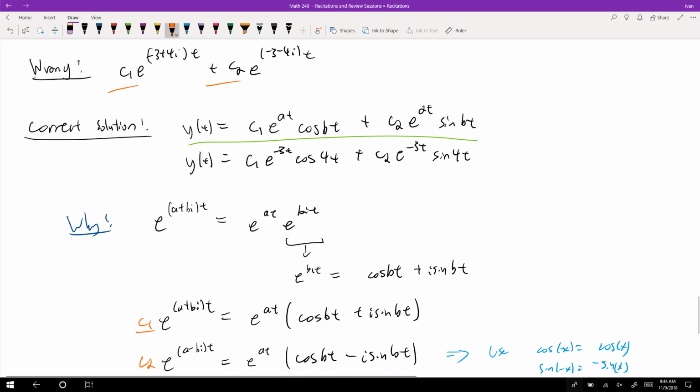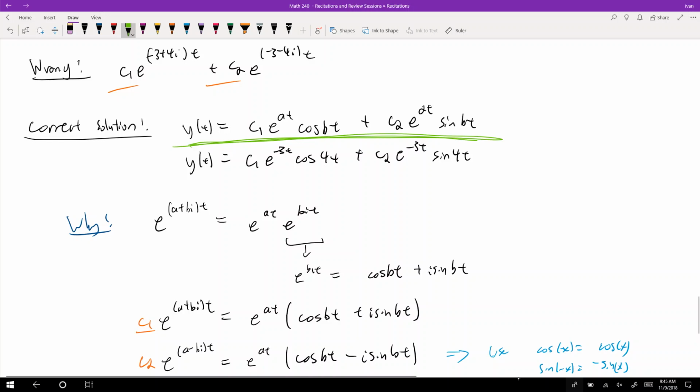Likewise, if I chose C2 equals -1 and C1 equals 1, then the cosine terms go away. So the point is, I can choose constants that kill the imaginary part or the real part, and therefore, when I look at my solution, I only need to take the sine and the cosine term. And then the i gets eaten up by the constant. You can think of it that way.